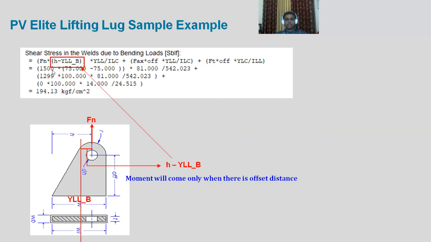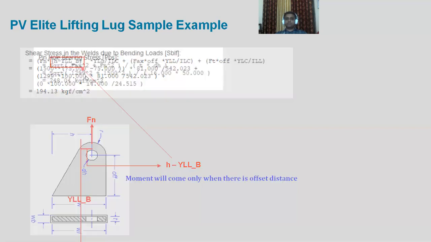So H minus YLLB, H was 75 and YLLB is also 75. So 75 minus 75 would become 0. So because of normal force, there won't be any moment coming in our case, because we have taken normal force exactly at the center. But what if it is not exactly at the center? For that reason, they have included that H minus YLLB in the picture, and because of that, they have calculated the bending moment and the stresses.